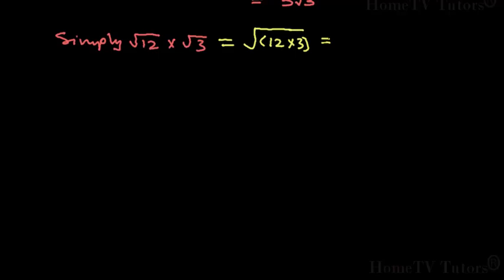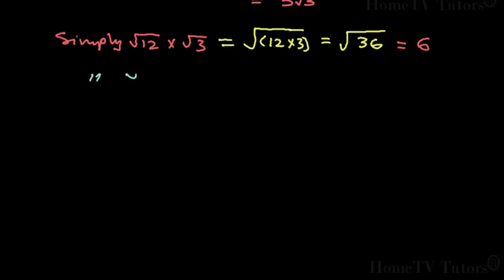So now 12 times 3 will give us 36, so we have square root 36, and 36 being a perfect square, the square root of 36 will give us 6. Good.